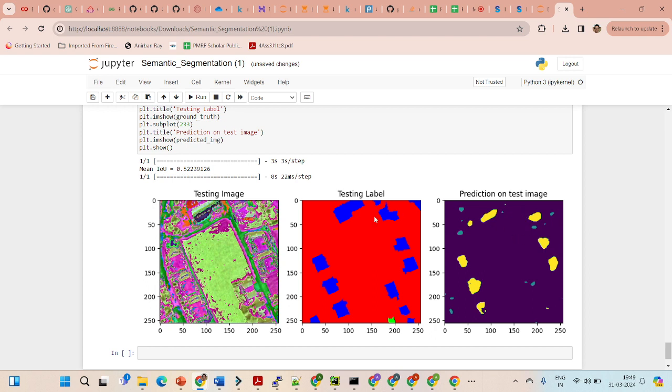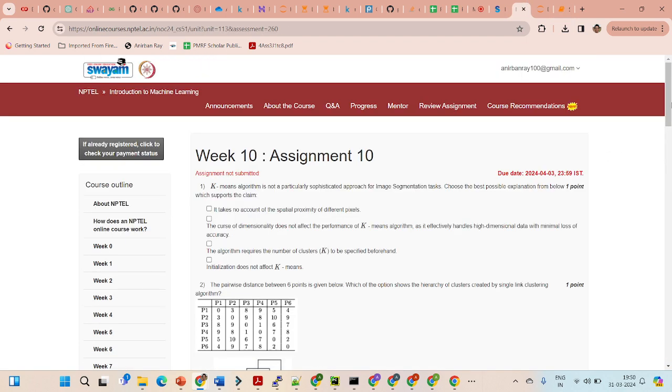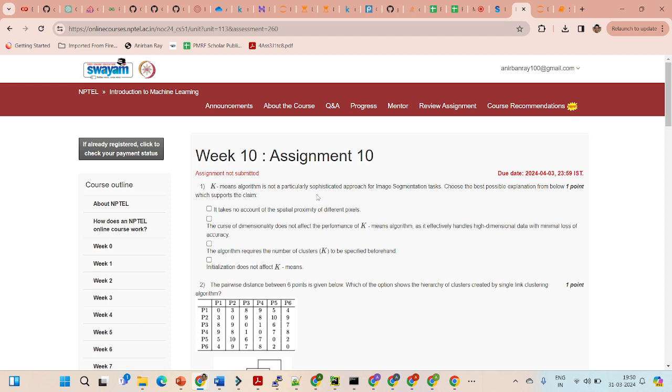The colors are different, but you can understand that this blue represents the yellow here. Not very good, but okay. So this is the performance you can see. This is the semantic segmentation. So this question also asks for the same: why k-means clustering cannot make semantic segmentation work.